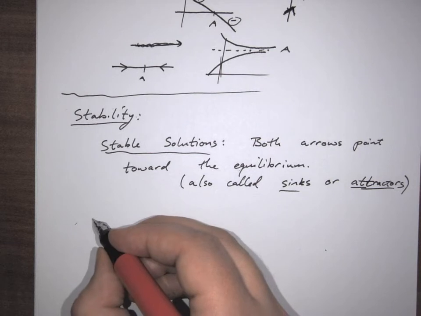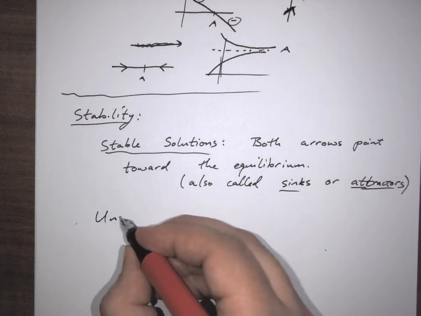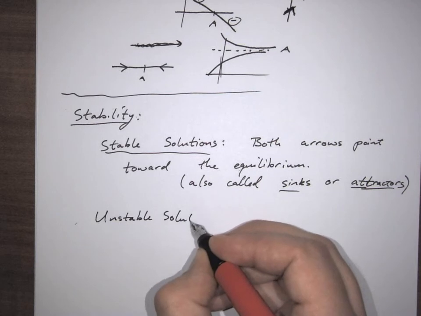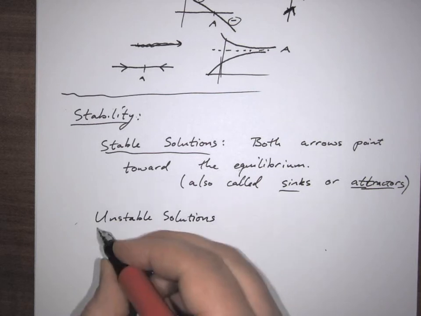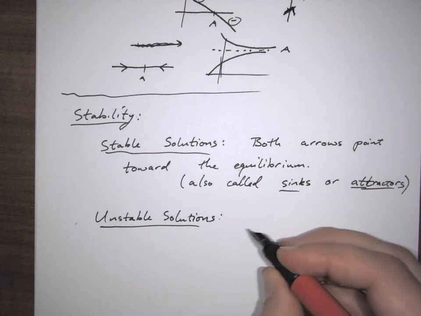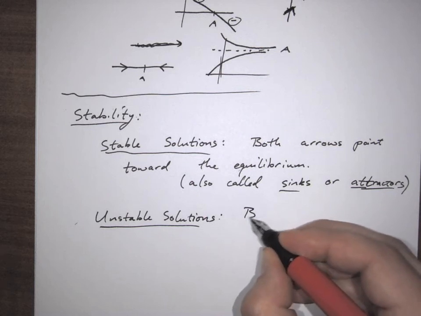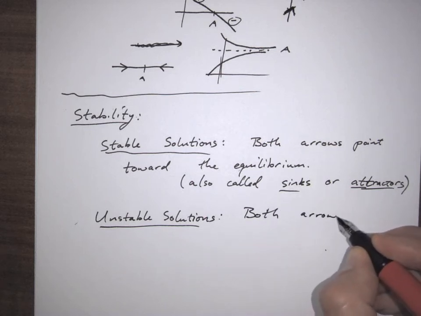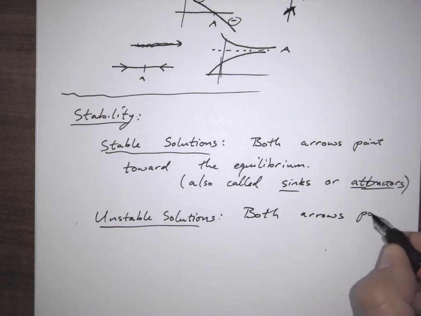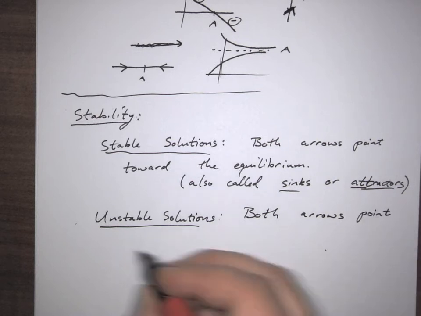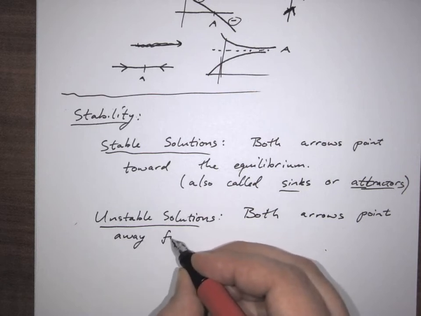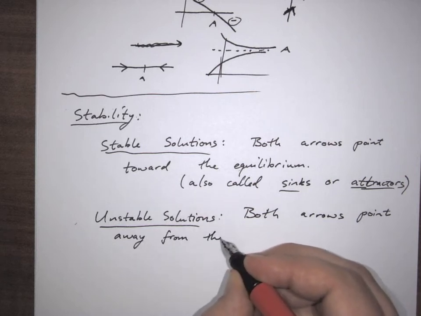Then we have unstable solutions. And this is where both arrows point away from the equilibrium.